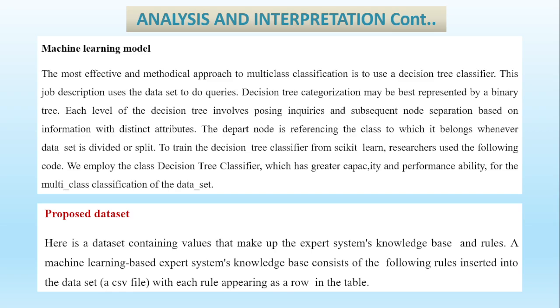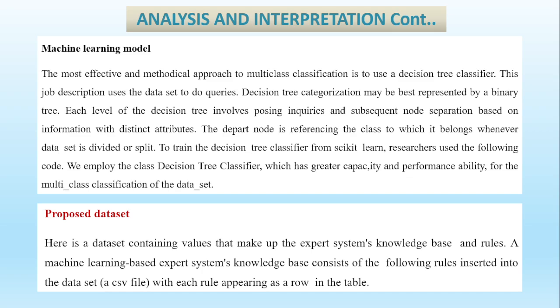To train the decision tree classifier from scikit-learn, the researcher used the following code. We employ the class DecisionTreeClassifier, which has greater capacity and performance ability for the multi-class classification of the dataset. Now, how does the machine learning work? It organizes data into a binary tree structure, where each level splits data based on a different attribute.